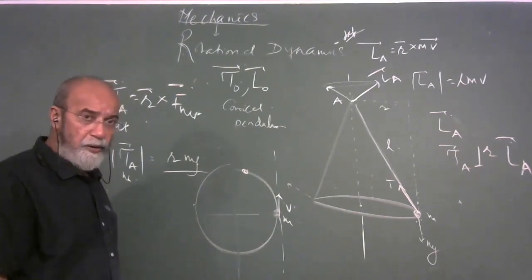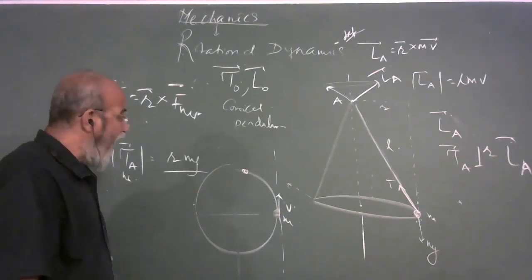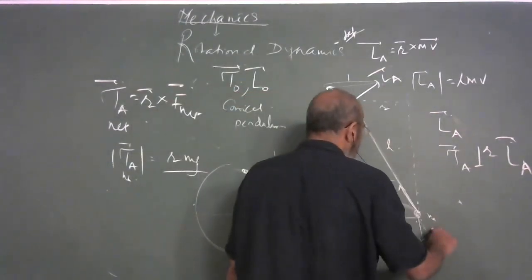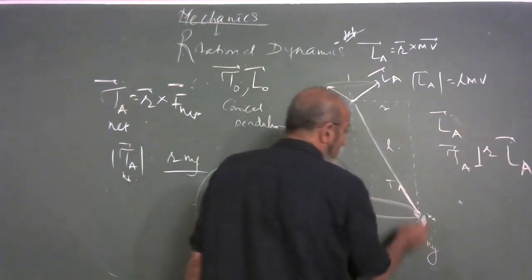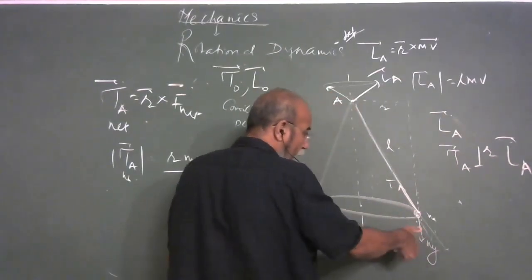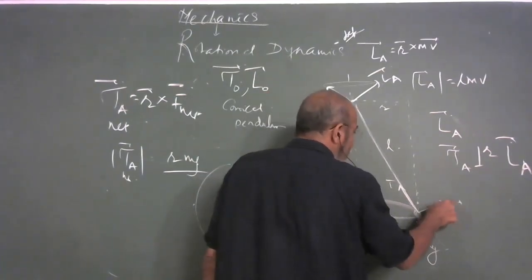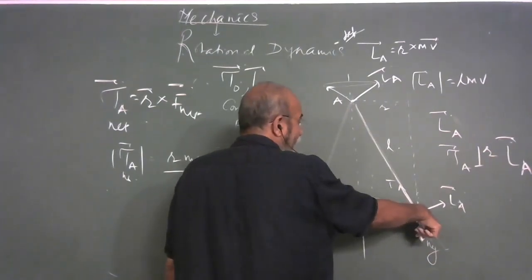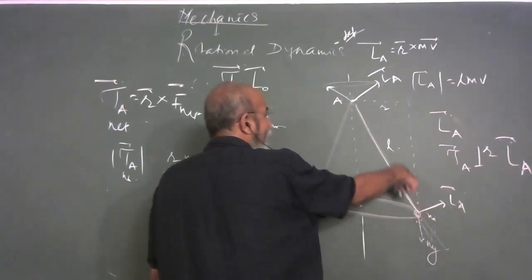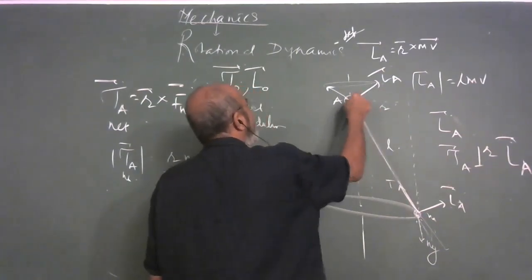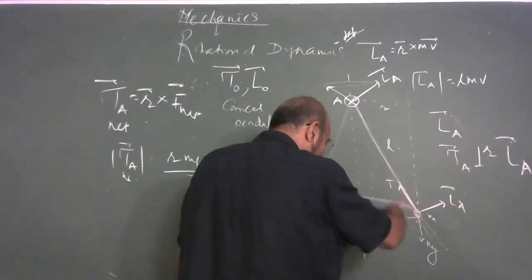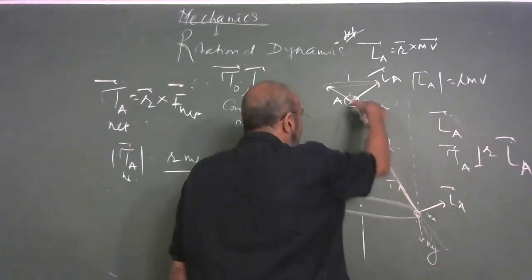What about the direction? R cross F net, which is mg. R cross mg. There. How was this? This way. There. Perpendicular. For every position, I do R cross F, perpendicular, perpendicular, perpendicular.